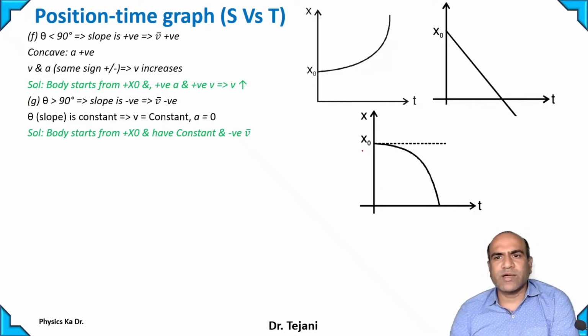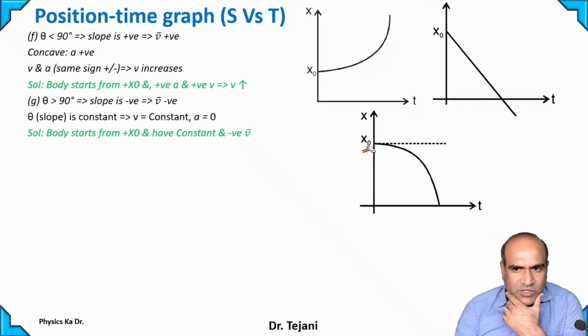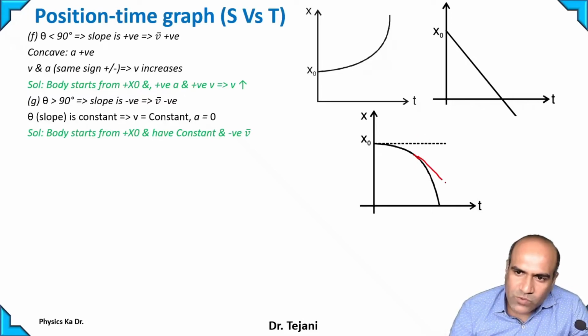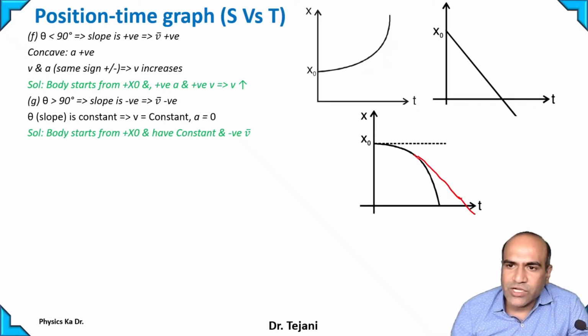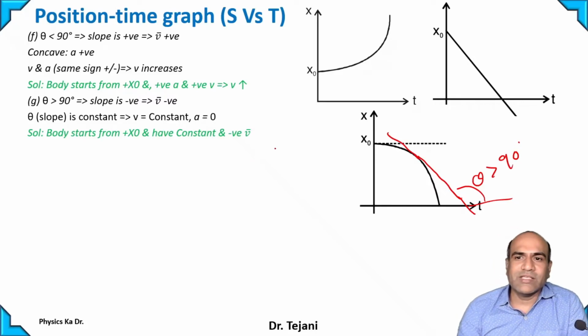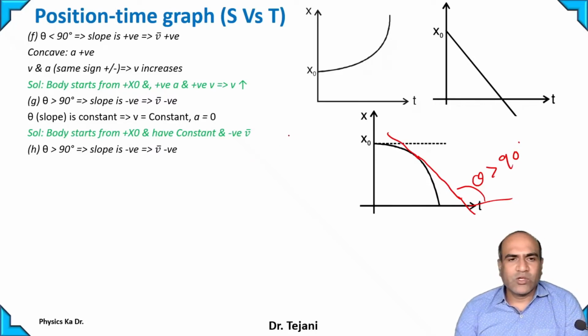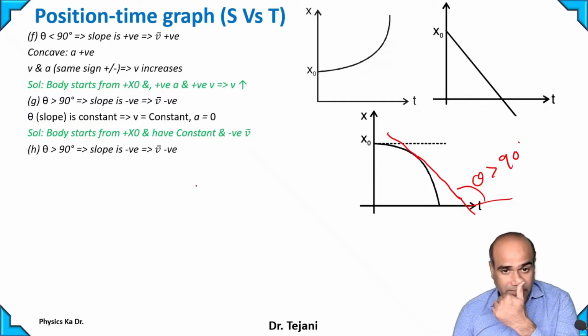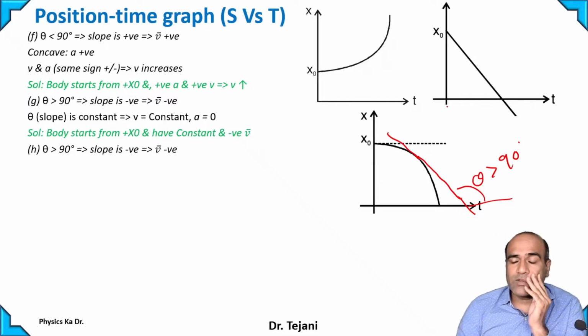Now this is another case. The body starts from x0. Let's take the tangent. What about the angle? Theta is greater than 90 degrees, so velocity is negative.